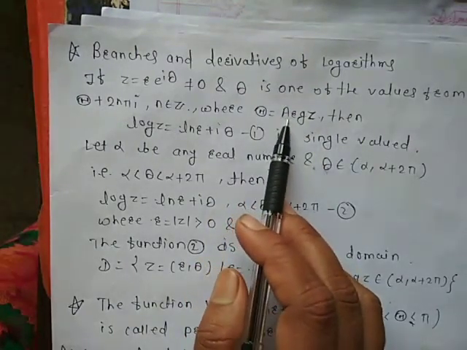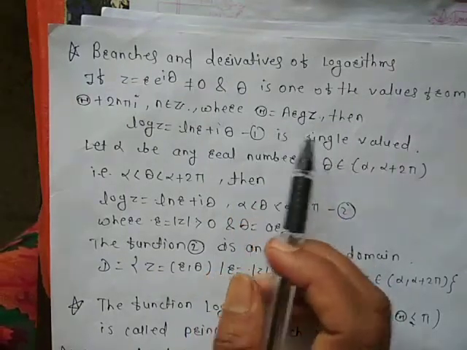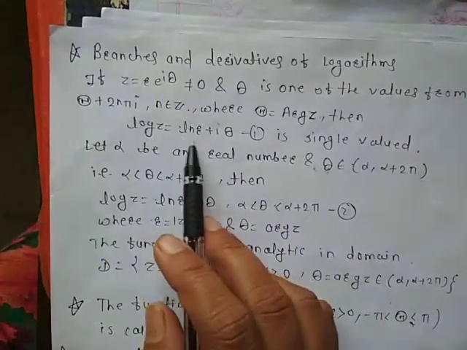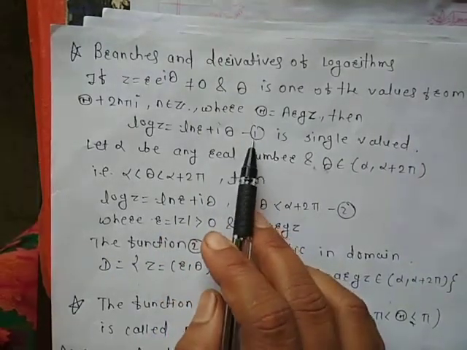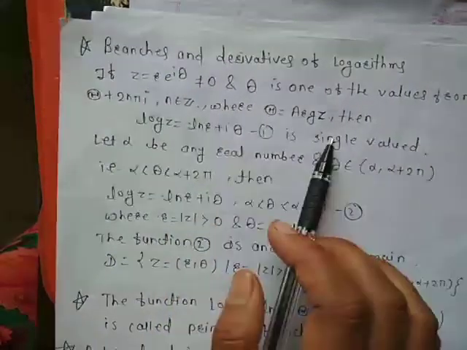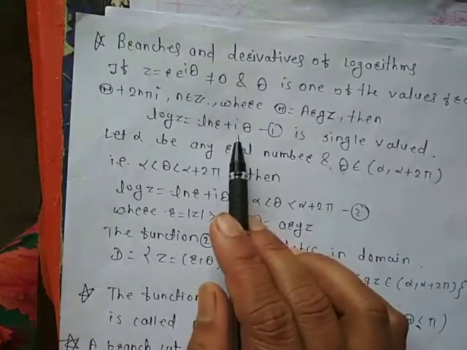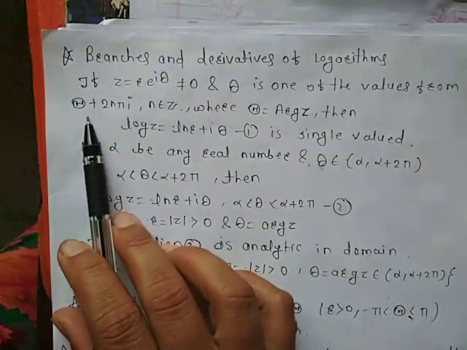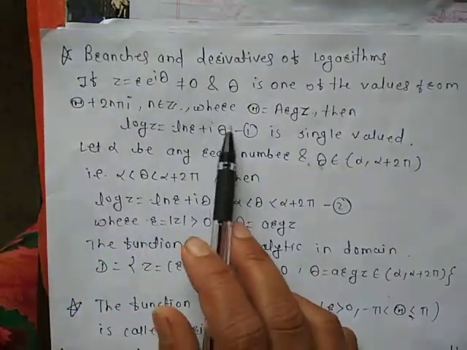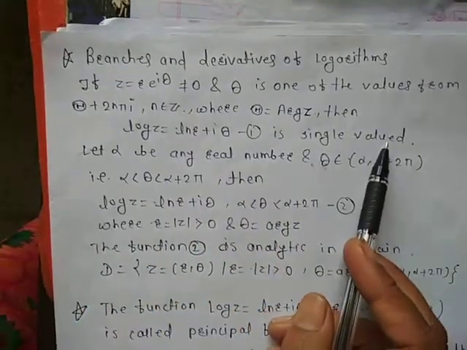This A is capital, which means it is the principal value. Then log z is equal to ln r plus i into theta. Call this equation number 1. It is a single value function because this theta is one value from these values, or this theta is the principal value of the argument of z.